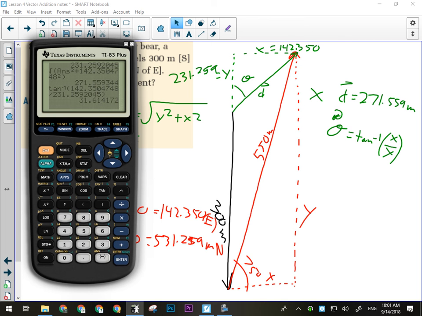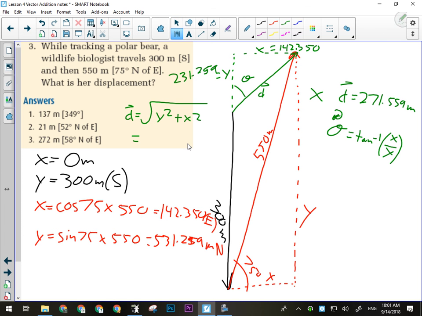All right, so we're getting 31.6 degrees for our angle there. And for our angle, that's going to be east of north.